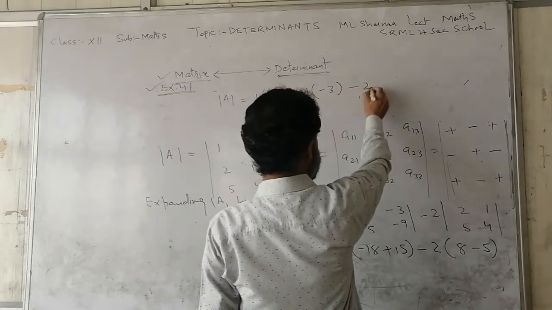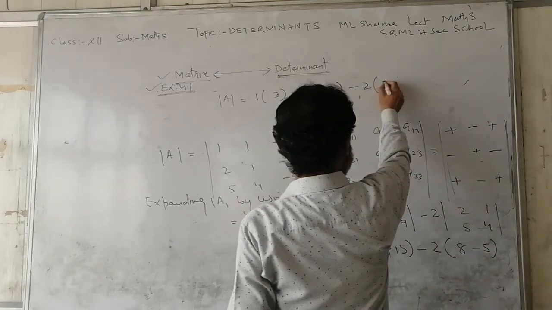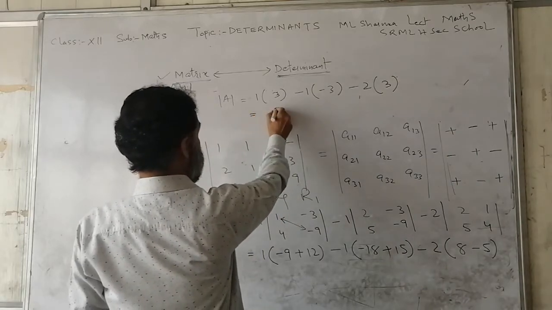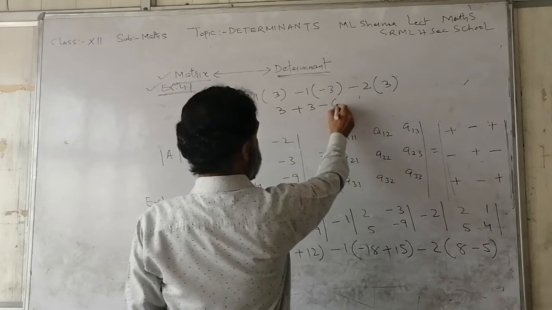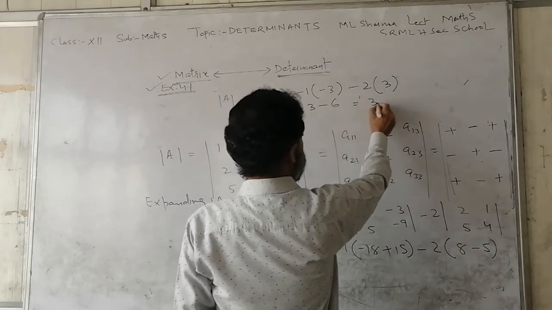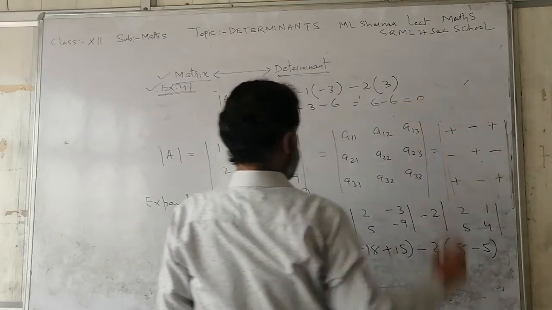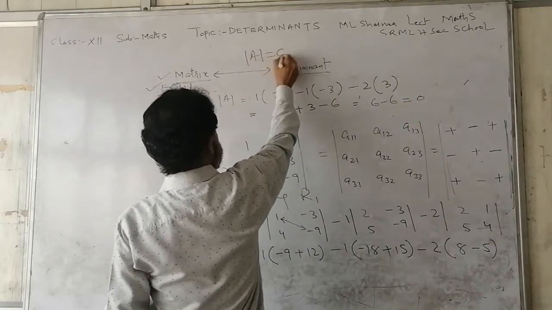Minus 2 into, 8 minus 5, 3 here. So I can write it as 3 minus 3 minus 6. So this is equal to 6 minus 6, that is 0. So the value of determinant A comes to be 0.